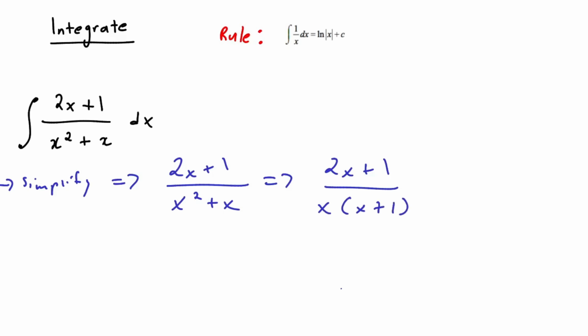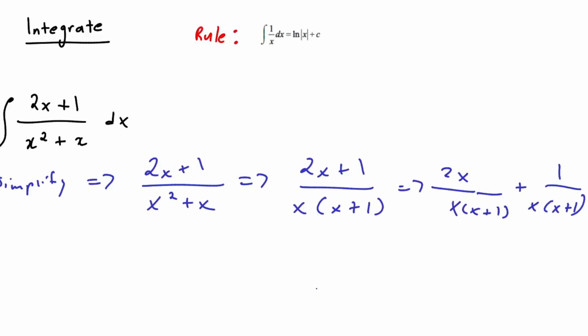So it would basically be 2x over x(x plus 1) plus 1 over x(x plus 1). Now we can cancel the x out here, and we basically get 2 over (x plus 1).